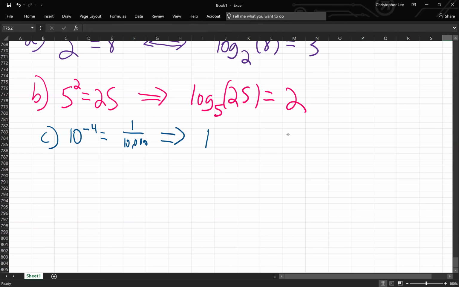So this is going to become log of 1 over 10,000 is equal to negative 4. That's it.